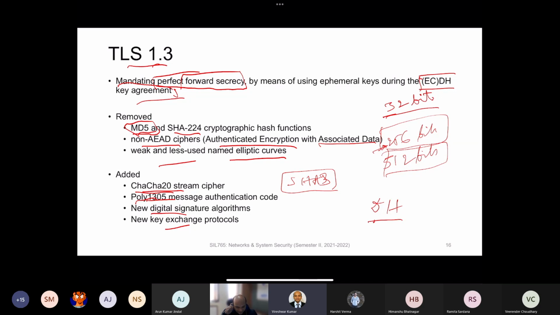You generate the parameters that are generated in Diffie-Hellman key exchange on elliptic curves, and then you generate digital signatures using elliptic curve cryptography, and therefore this whole protocol becomes much more lightweight.